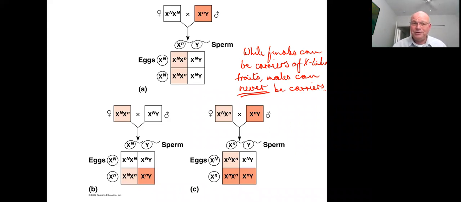Females always have two X chromosomes. So they could be heterozygous and still have the normal trait, but be carriers of the allele for the recessive trait, which is by definition what we mean by carriers. Males, on the other hand, can either have the normal trait and the allele for it, or have the allele for the recessive trait. That's the only alternatives that they have, because remember, they are hemizygous. They only have one copy of the allele.